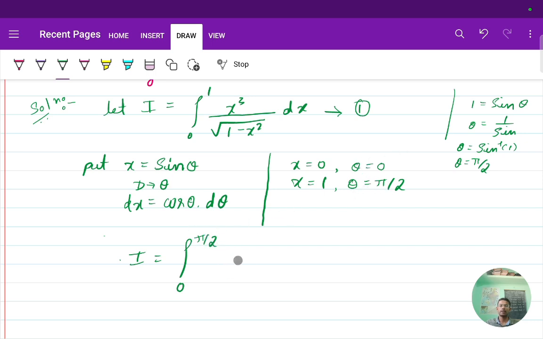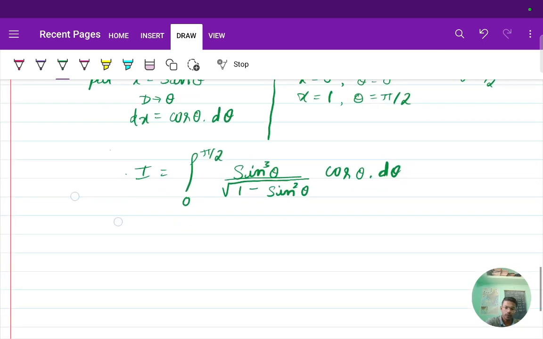Then x is sine theta, so sine cube theta divided by root of 1 minus sine square theta, and dx is cos theta d theta.